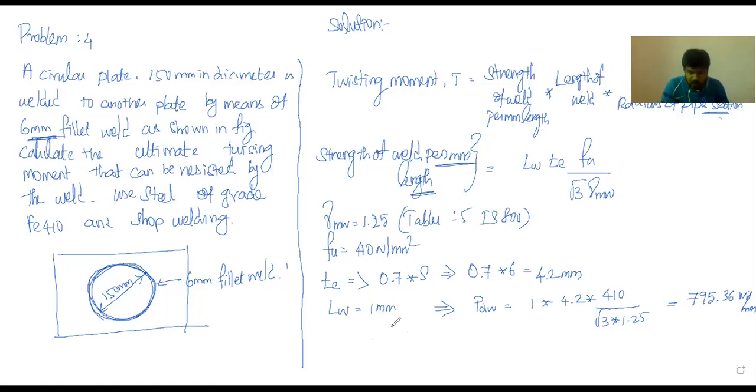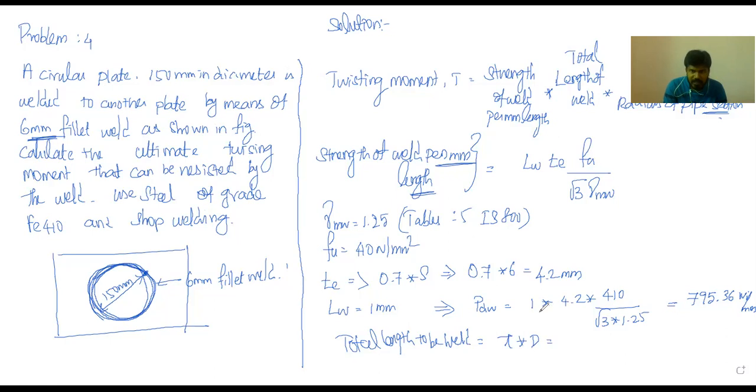Now let us move on to the length of weld. What is the total length we are going to weld? So pi d we can put, so that we get the perimeter of that circular plate section.